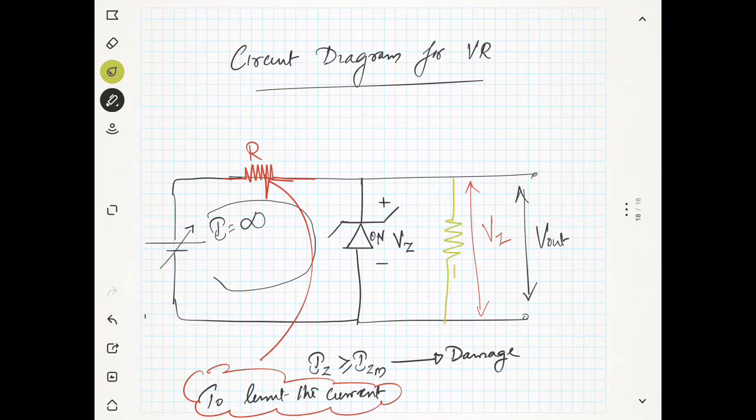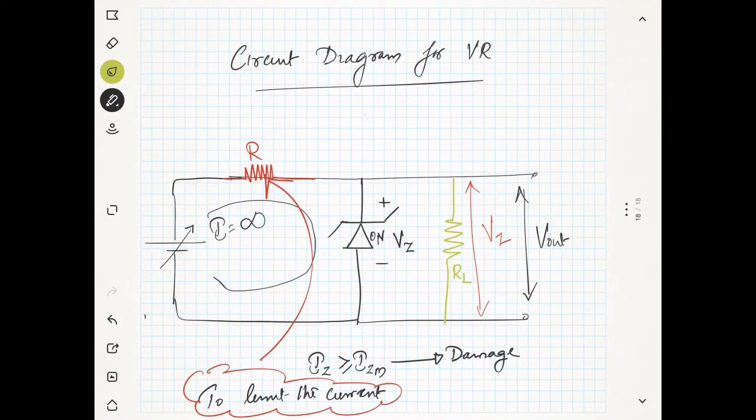But you cannot expect that your load is fixed. For example, if you are using it as a mobile phone charger, sometimes you will be using different mobile phones. Different mobile phones will have different load resistance. We can say different mobile phones will have different internal resistance at the charging point.